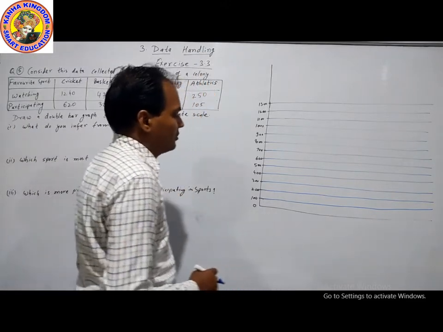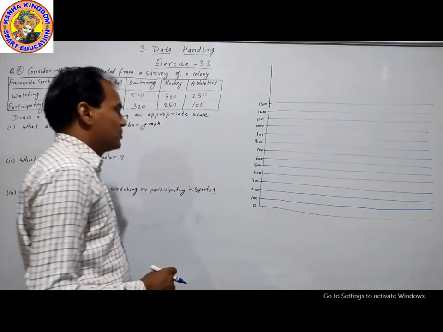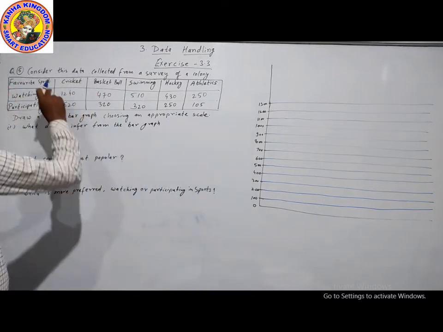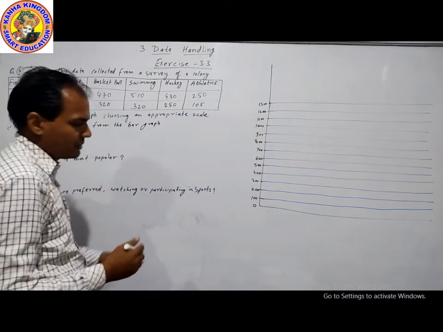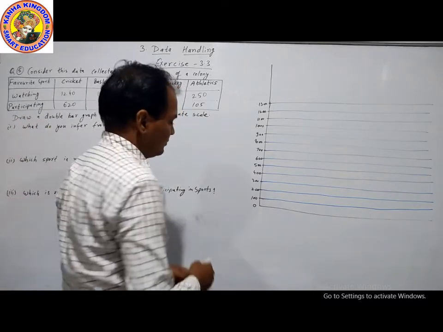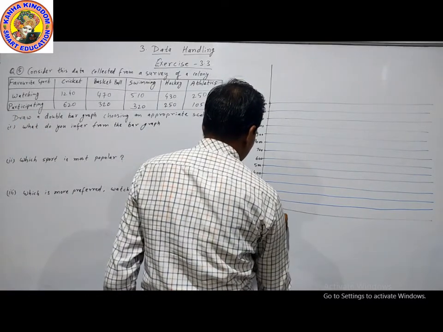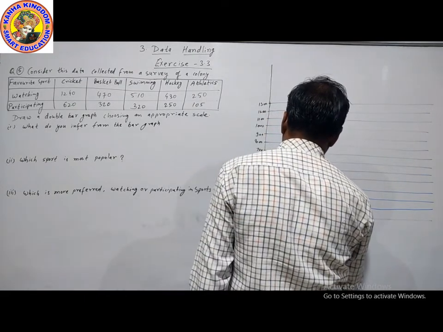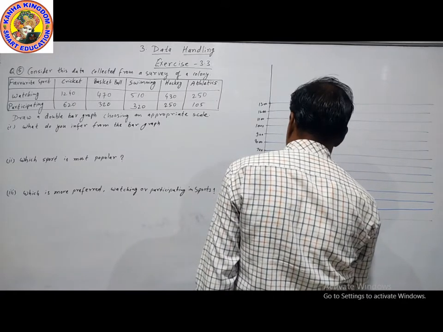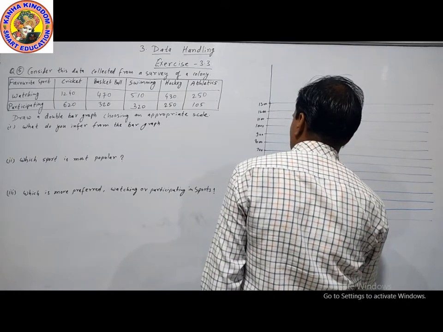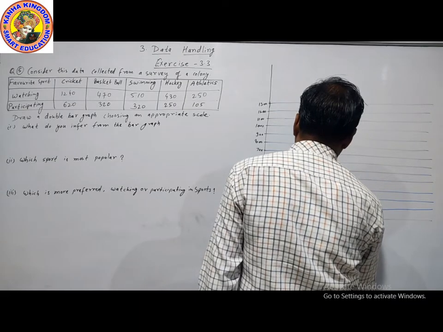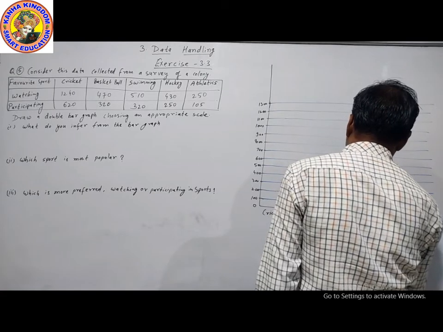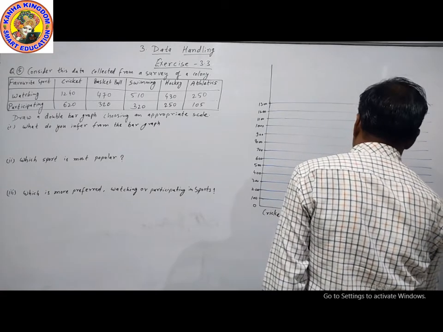I will draw in this graph. Now these are the number of persons, and I am taking favorite sports: cricket, basketball, swimming, hockey, and athletics.